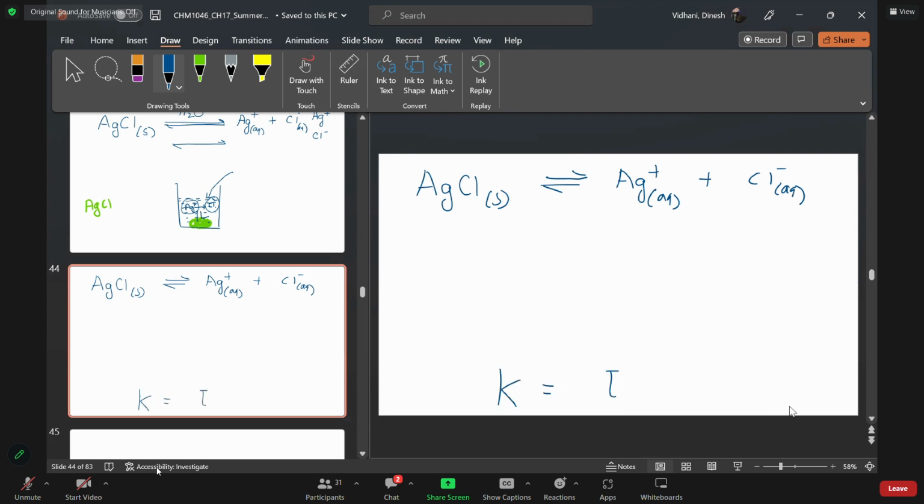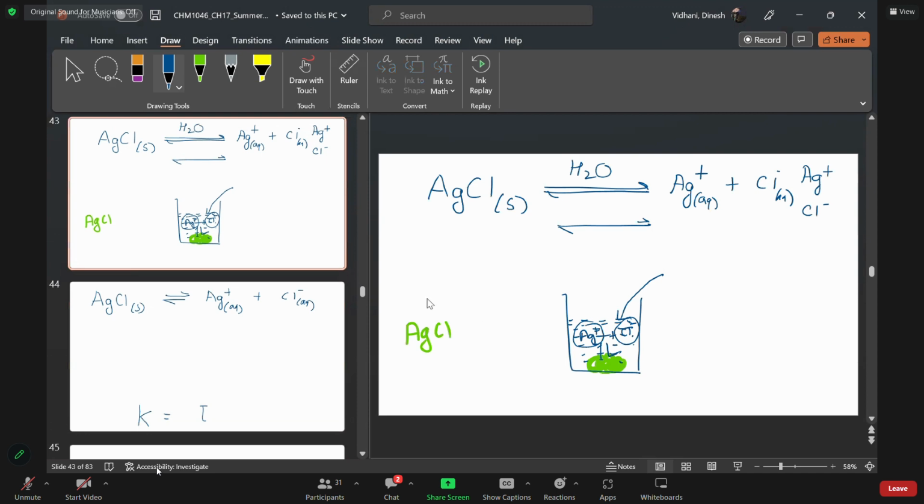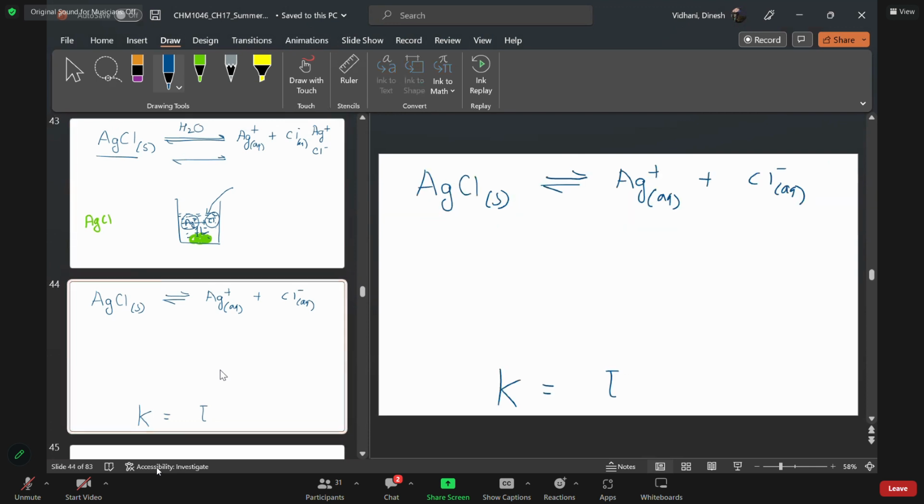No matter how much solid I start with, it doesn't matter because it does not get into the solution. So this concentration has practically no effect in the equilibrium. When I say no effect, that means it's not part of that equation, and you will see that shortly. So initially, you don't have anything over here.